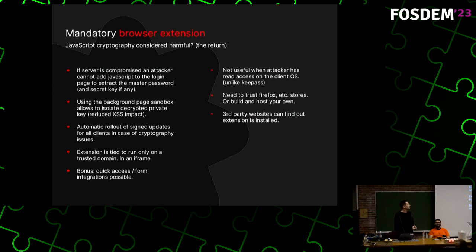At least you need to trust the web store, or you need to basically set up the web store yourself. And also, it's not specific to Passbolt, but when you run a browser extension, typically the website can find out if you have this extension installed or not, or at least find out if you have an extension installed.